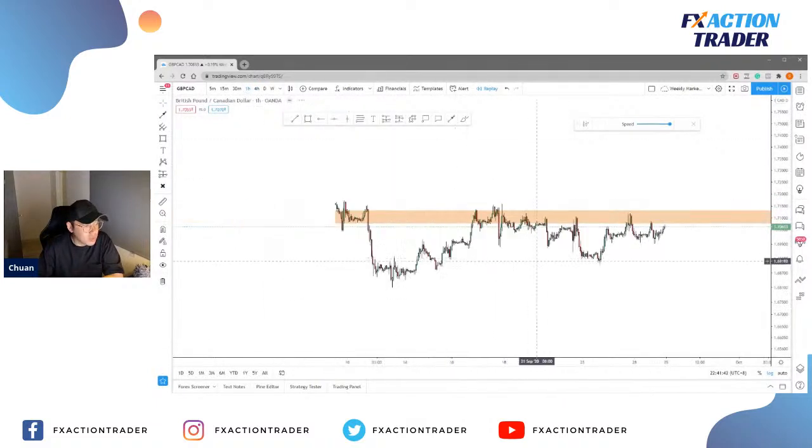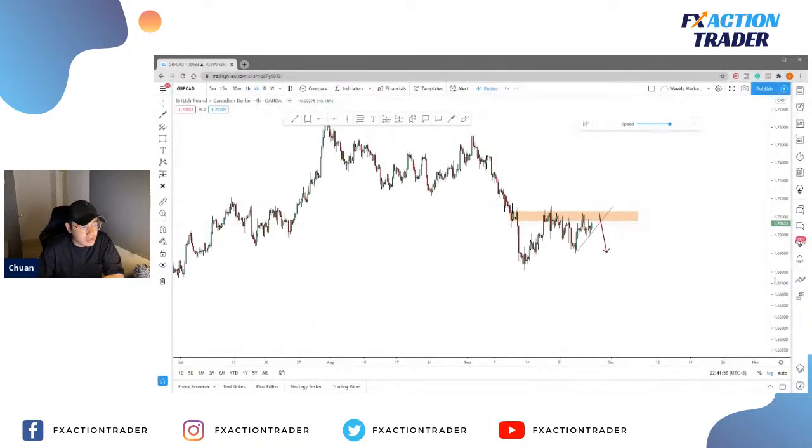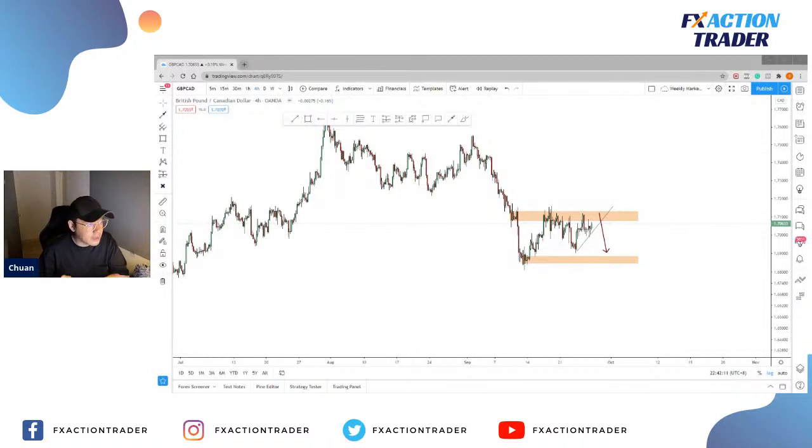If you go to H1, I'm waiting for the market to retest this level, and if the market fails to break above, we can go for a short trade, because the market is going to retest the previous low here. This is about a 240 pips movement. So these are the pairs that I'm going to have in my watch list for this week.